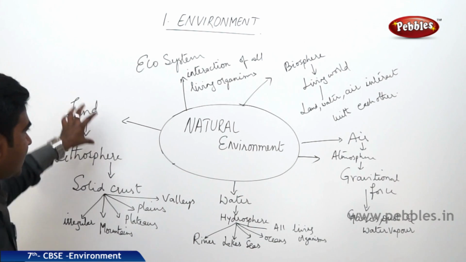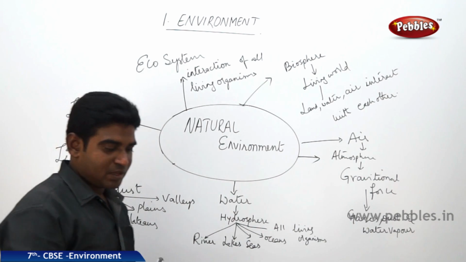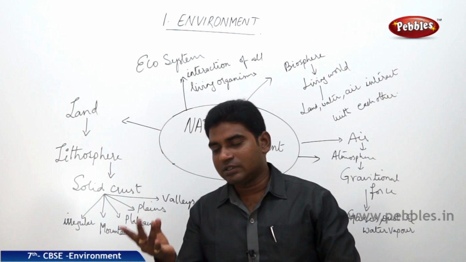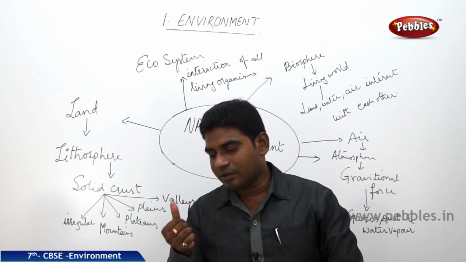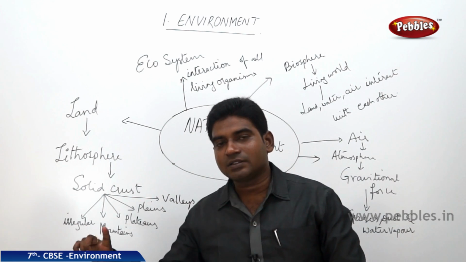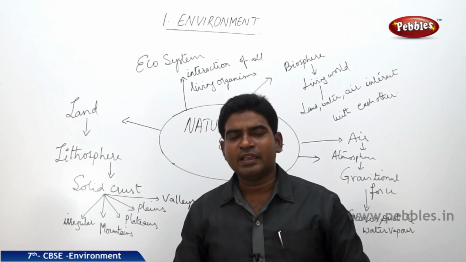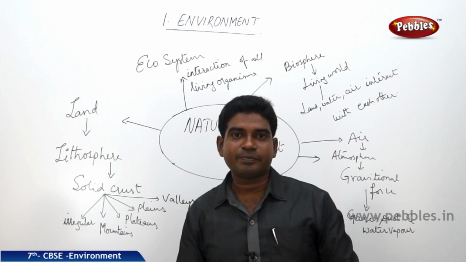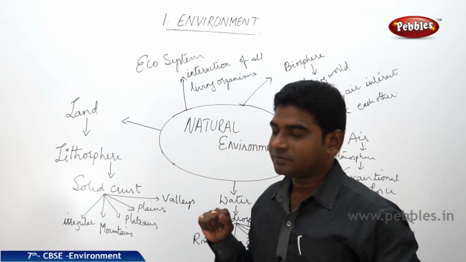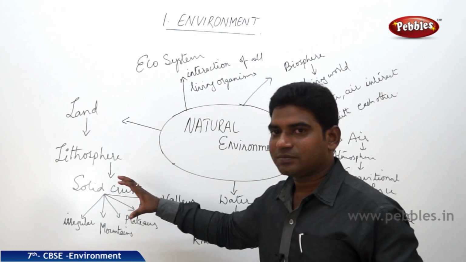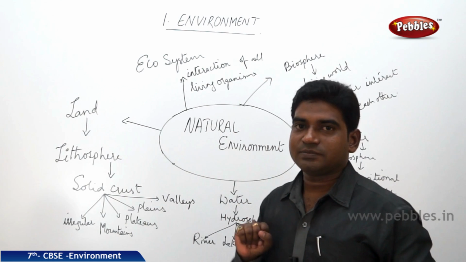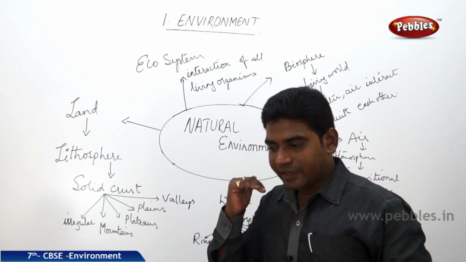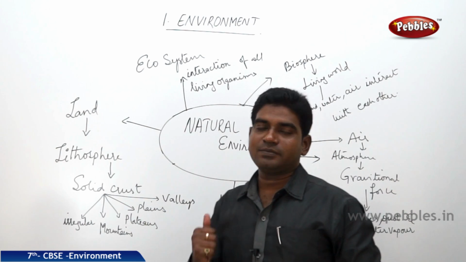As we generally call them, land: all the soil, rocks, mountains, plains, plateaus, the thicker part, the place where we stand, everything comes under a single umbrella called lithosphere. So lithosphere is a solid crust on the layers of the earth. In that again we have the divisions of the layers of the earth like crust, core and mantle.